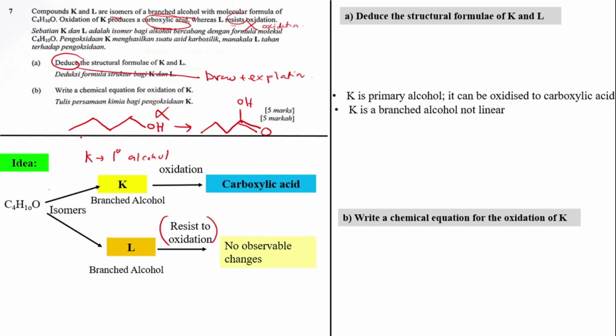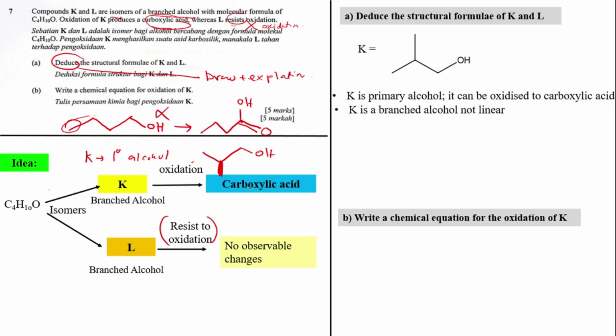So we know that this idea is wrong. What we need to do is make the branched alcohol. How can you make it branched? You can change it to 1, 2, 3 with OH here, and then one of these carbons can be used to make a branch on this side. So what I get is the structure like this.